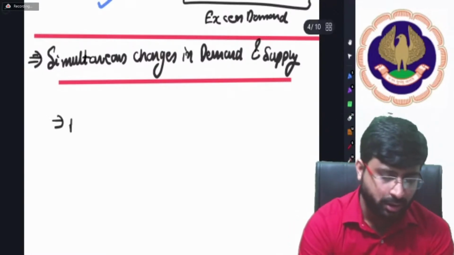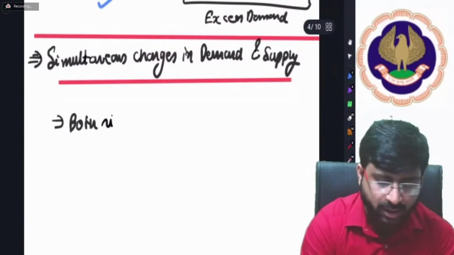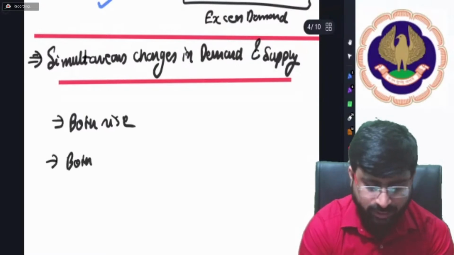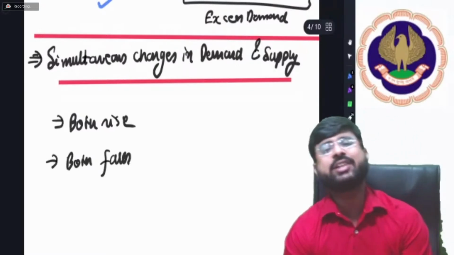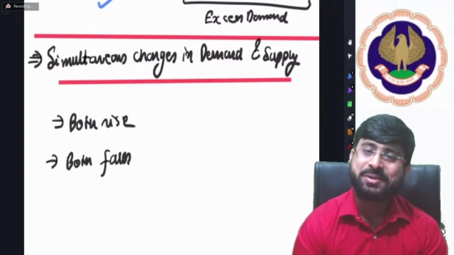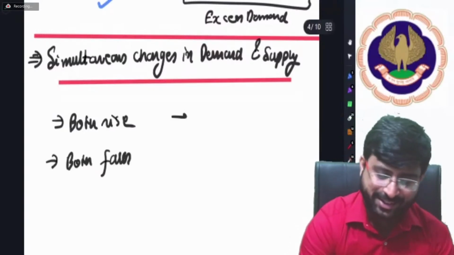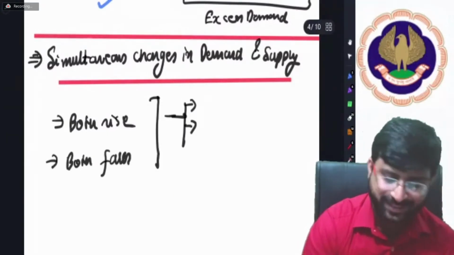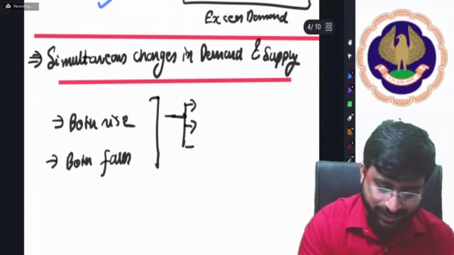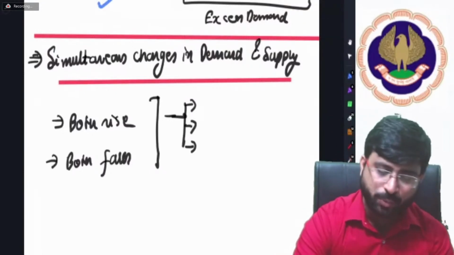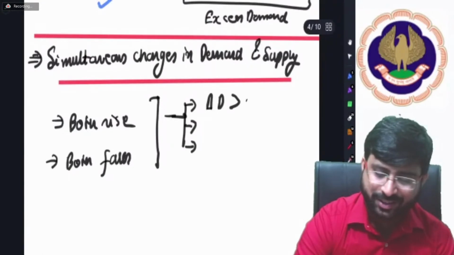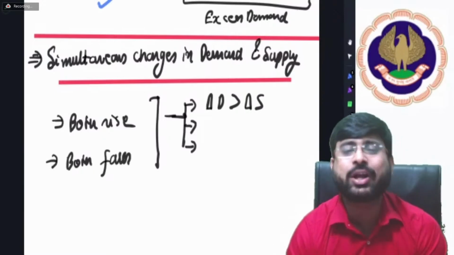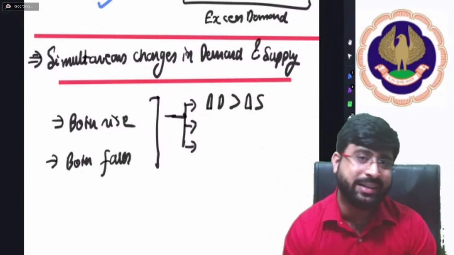It could be, and generally this is asked, either both rise or both fall. Yes, one rises and the other falls, we will discuss that. But through rise, both fall. If you look carefully, this can further be divided into three subsections. First case could be that change in demand is greater than change in supply. So let's say demand is rising at a greater pace compared to rising supply. Both are rising, but demand is rising at a greater pace.